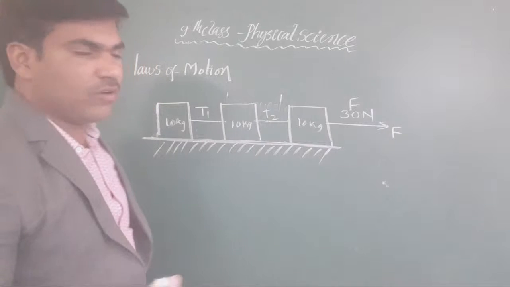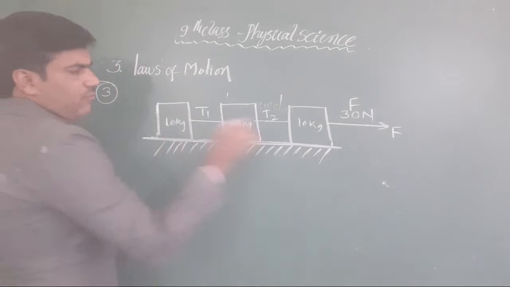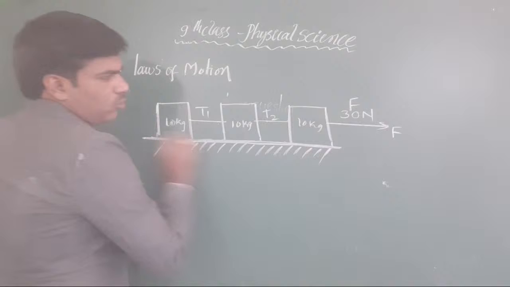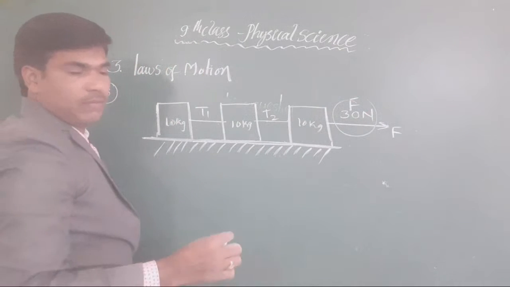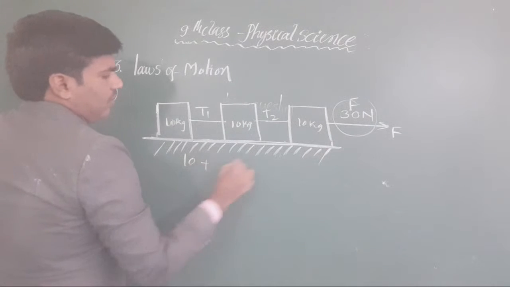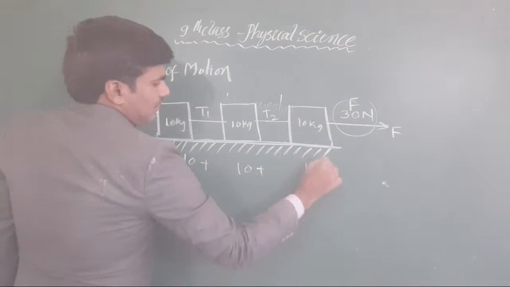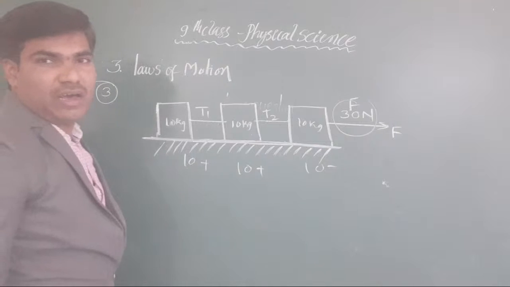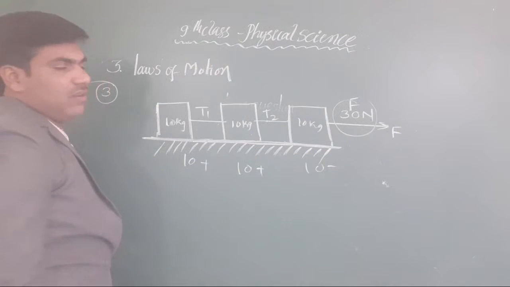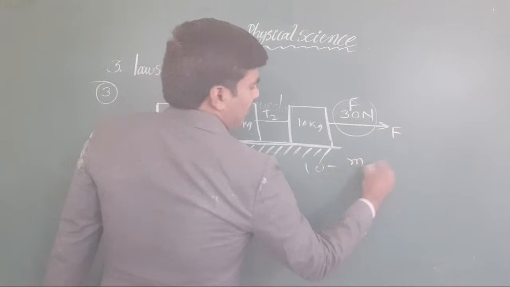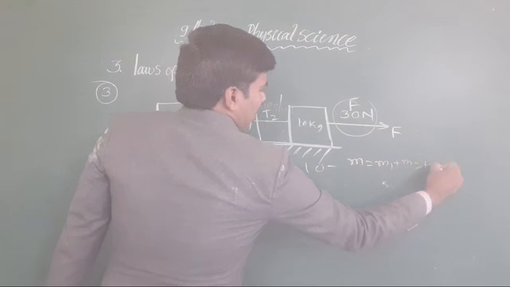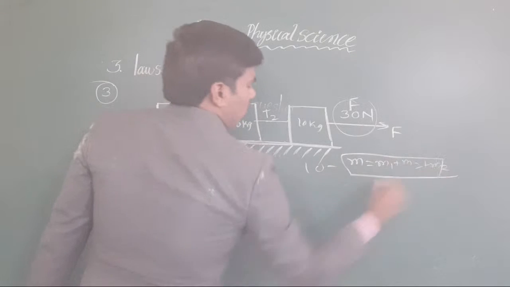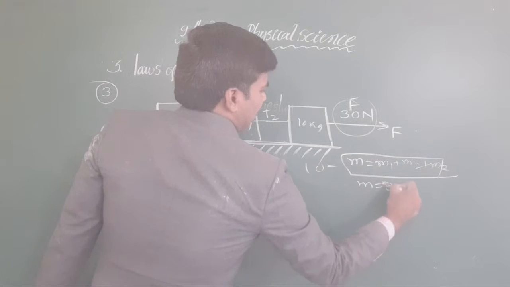And what is the total mass here? 10 plus 10 plus 10. M is equal to M1 plus M2 plus M3. Now automatically the total mass is 30 kg.